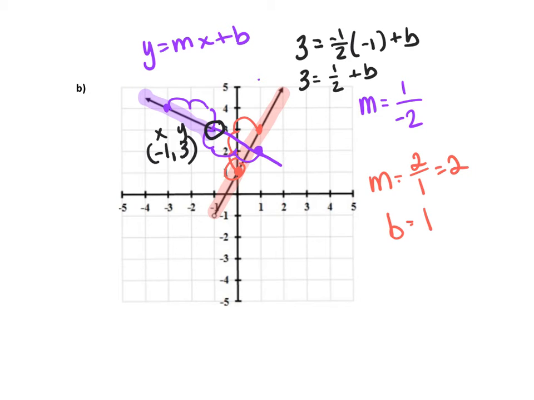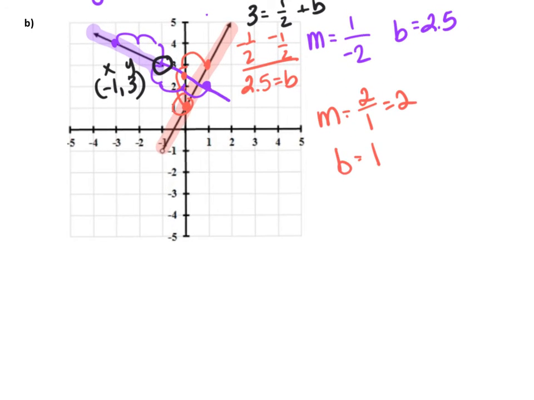And I'm going to subtract 1/2 on both sides. When I do that, 3 minus 1/2 is 2.5, so 2.5 is equal to b. And that's about where this point is at, 2.5. So we know that the purple b, or y-intercept, is 2.5.